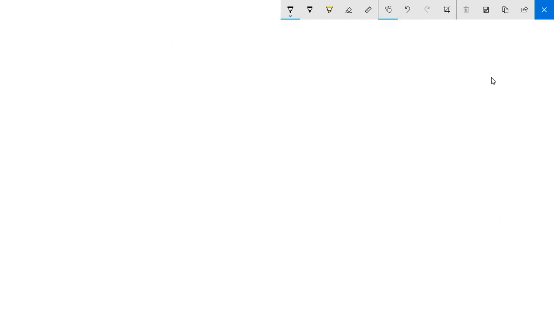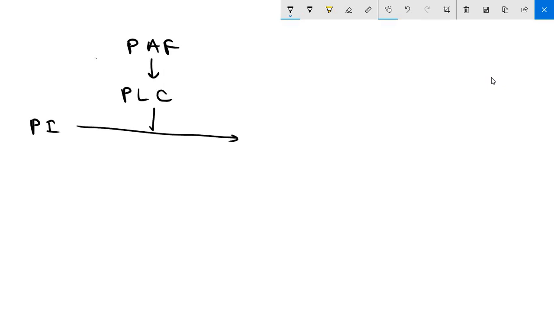So first, the platelet secretes platelet activating factor. This platelet activating factor activates phospholipase C, which will convert phosphatidyl inositol into DAG plus IP3.